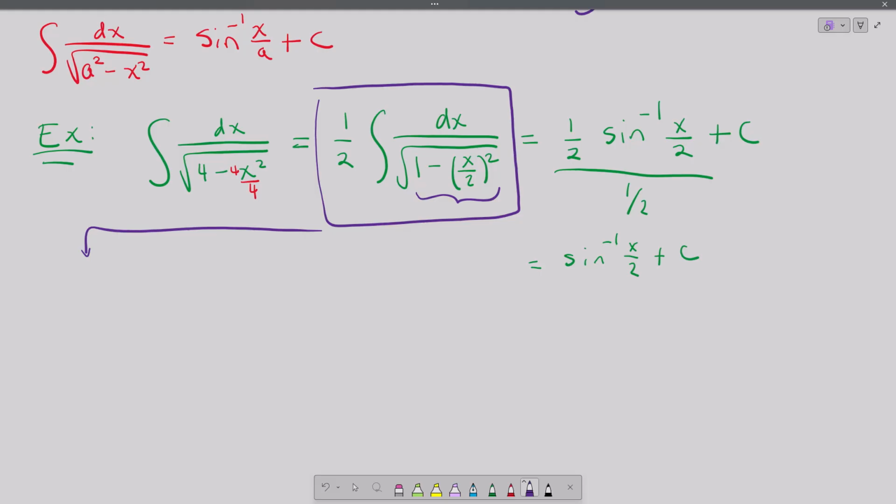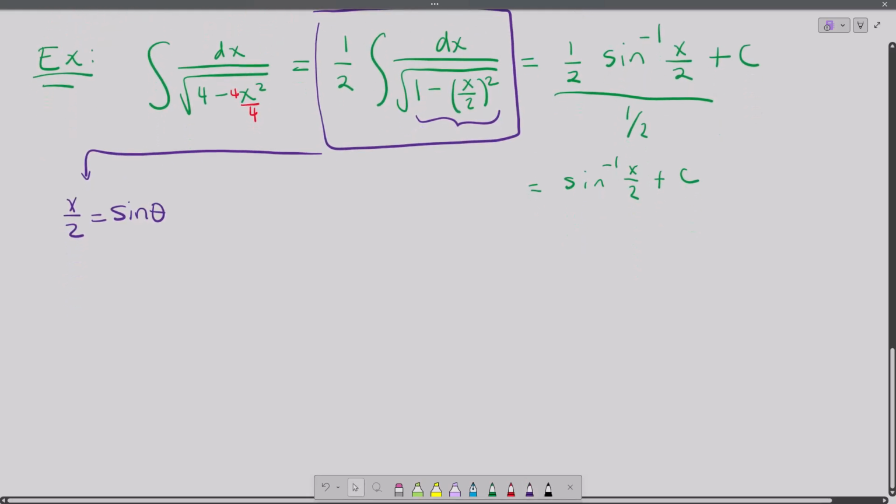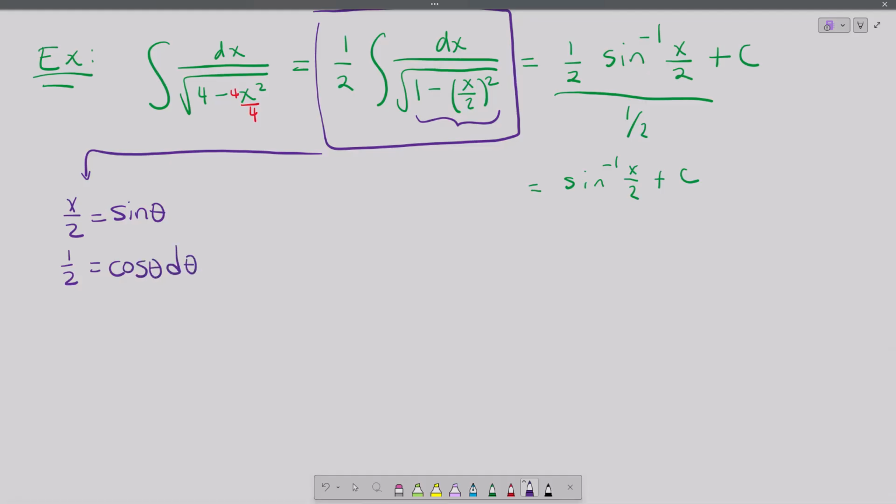If you do your trigonometric substitution, x over 2 equals sine of theta, it's going to come out so fast. So if you do your derivative stuff here, you'll get that. And when you plug it in, you're going to end up with just theta.